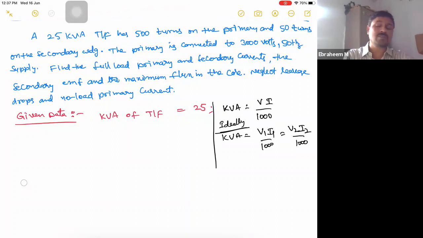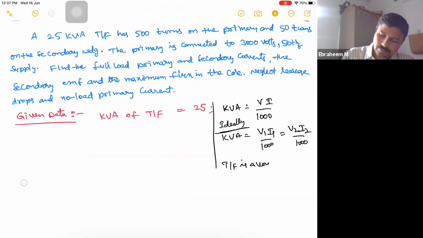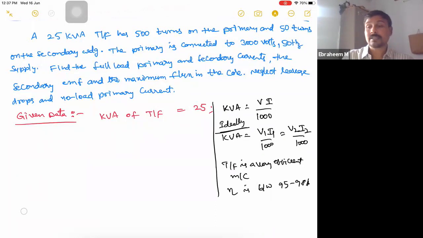In the DC machine we found the efficiency is 70%, 85% maximum. No machine gives you efficiency as high as the transformer does. So out of all the electrical machines, the transformer is the most efficient.